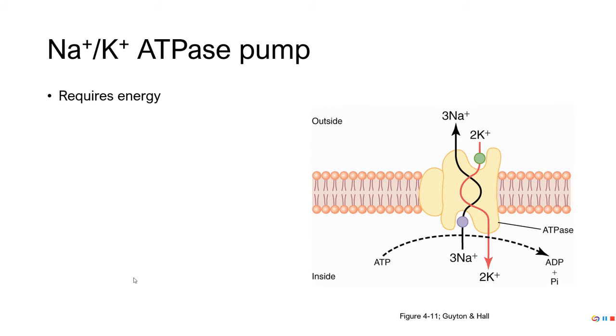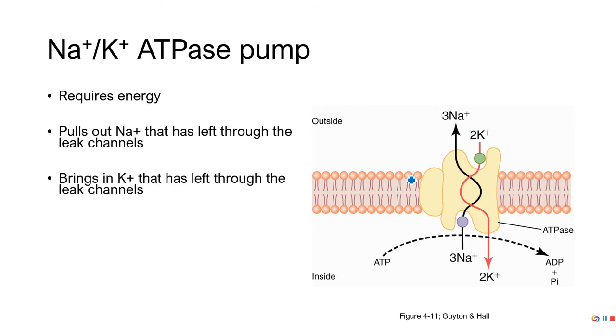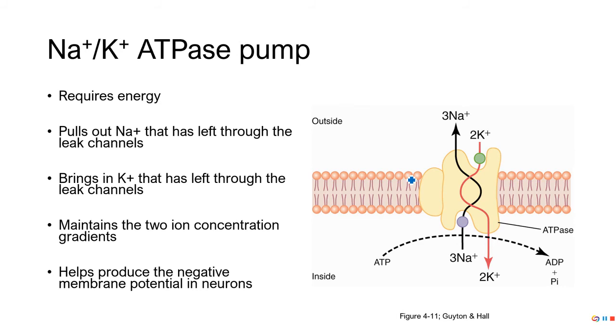We've got a lot more sodium outside than inside, but we're pumping that sodium from the inside to the outside of the cell, going against the gradient. So it's pulling sodium out, and it's pushing or putting, or however you want to put it, potassium back in. And what this does is this helps maintain the ion concentrations, or the gradients, for both of these ions. Okay, this produces the negative membrane potential that we have in neurons.